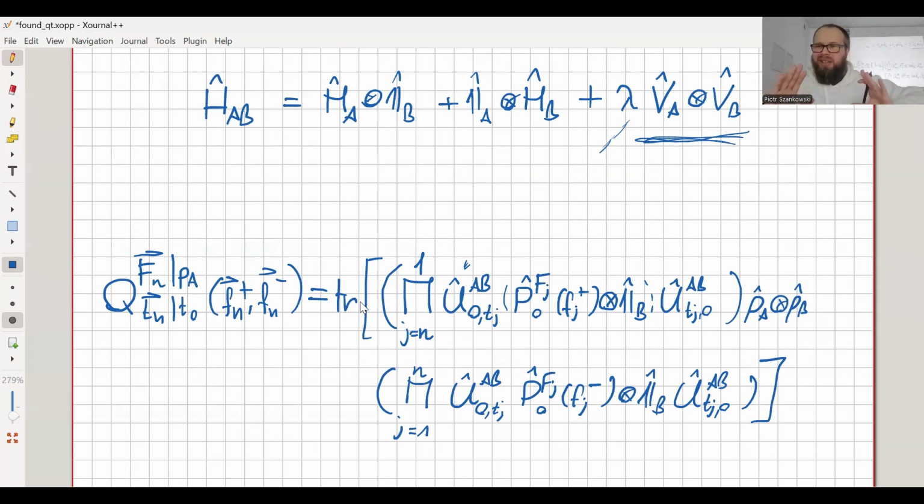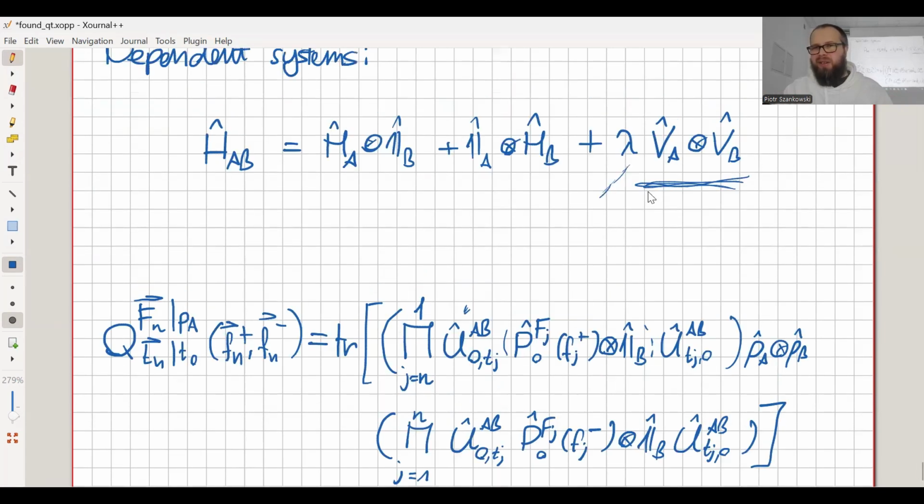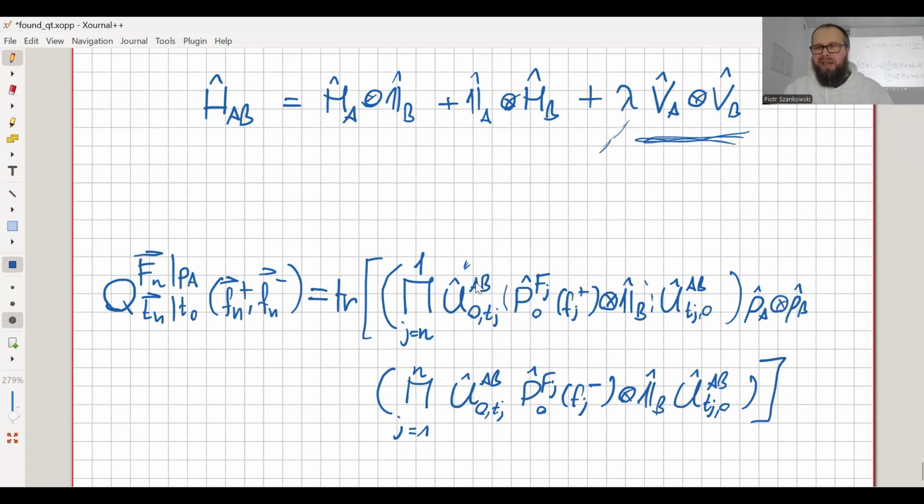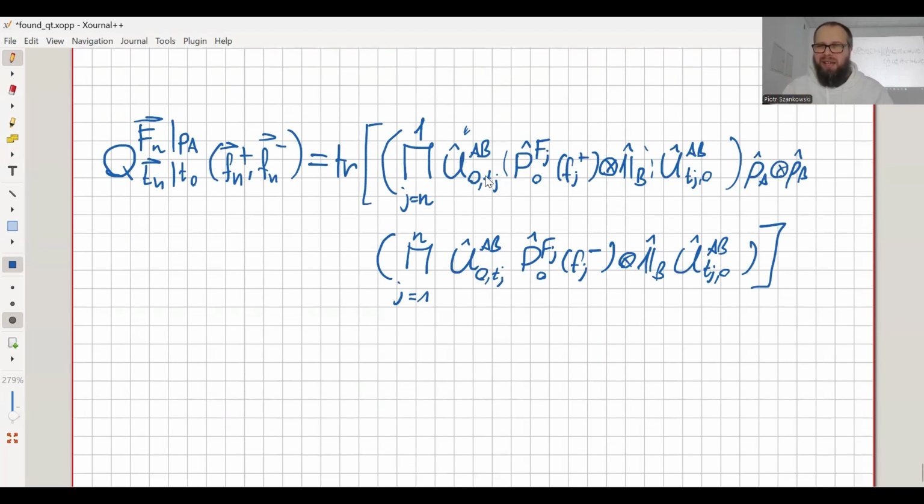So this would be a manifestation of systems being independent, everything factorizes, and we could just remove B from the description altogether if we are focused only on observables of A. But because we introduced interaction, these no longer factorize, and you have to carry B along with everything else. The interaction comes in and starts mixing everything, and you cannot just factorize it out and get rid of the B part. It's intrinsically tied to everything that will happen.